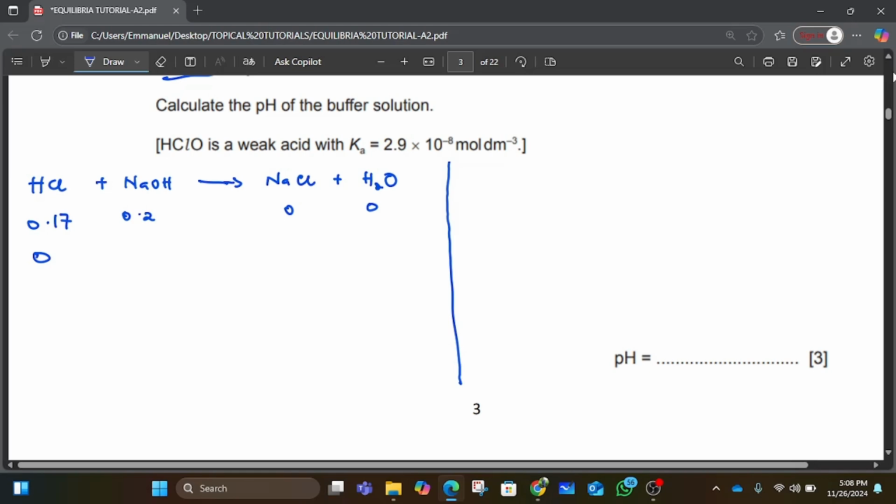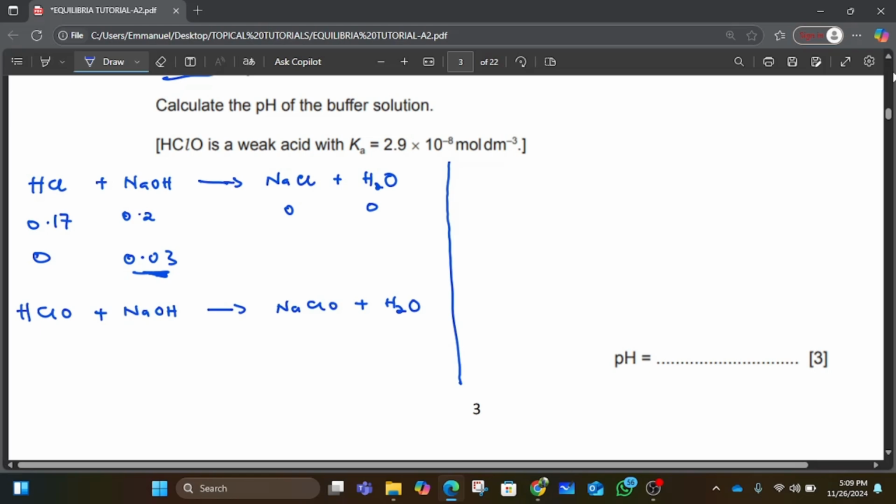If we subtract 0.17 from 0.2, we get 0.03. So 0.03 mole of sodium hydroxide will be left after this reaction.